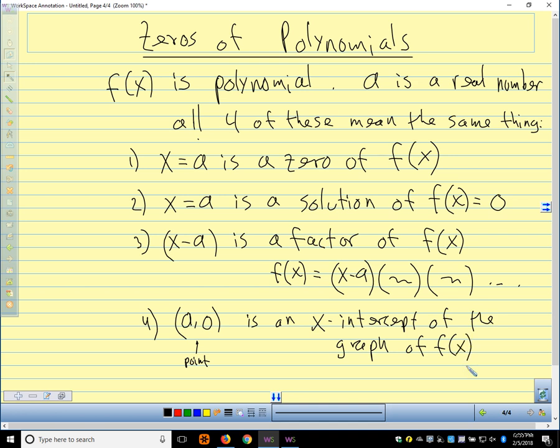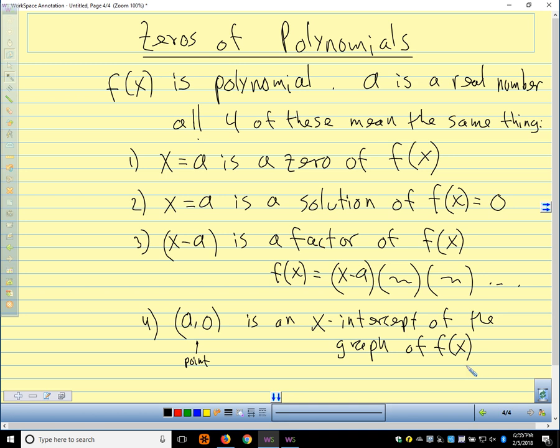Well, this says we plug in a and we get out y equals 0. This says we plug in a and we get out 0. This says we plug in a and we get 0. This says we factor like this, but we plug in a and we get 0. All 4 of these things mean the same thing.